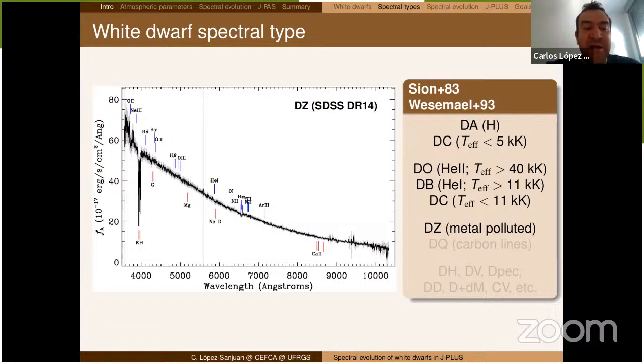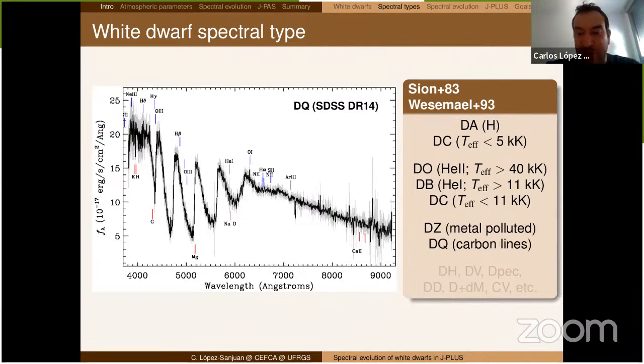There are white dwarfs that have recently accreted material from exoplanets, from exomoons, from exocomets in the ancient planetary system of the white dwarf. Also, you have some with carbon lines, the DQs. In this case, the carbon is not from outside, but you usually have carbon and oxygen in the core. And when the temperature goes down, you can have some convection zones.